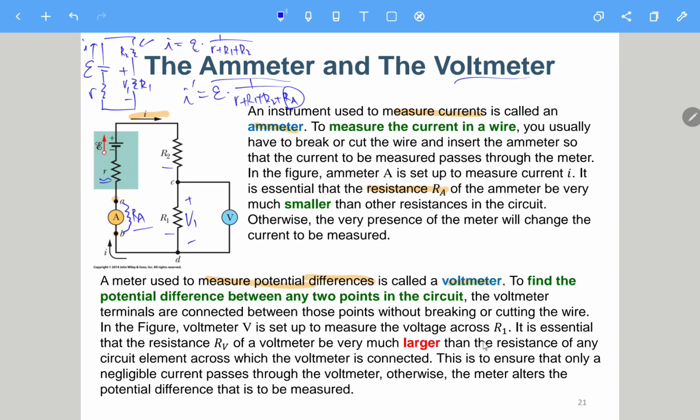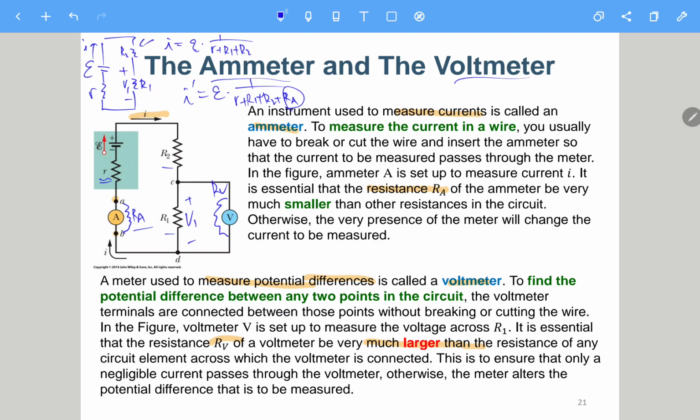Here it says the RV of the voltmeter must be much larger than any resistance of the circuit element it is across. Of course, it should have a resistance RV.